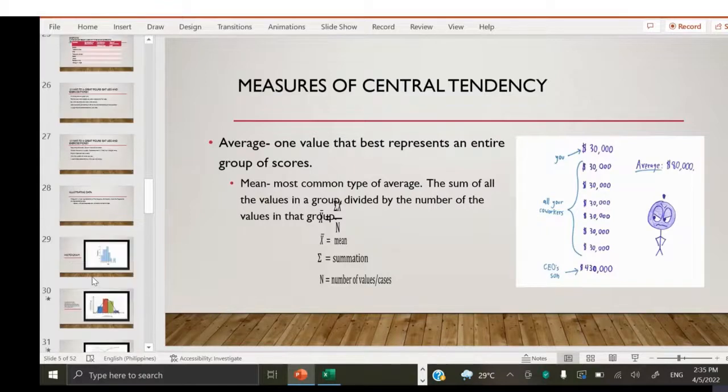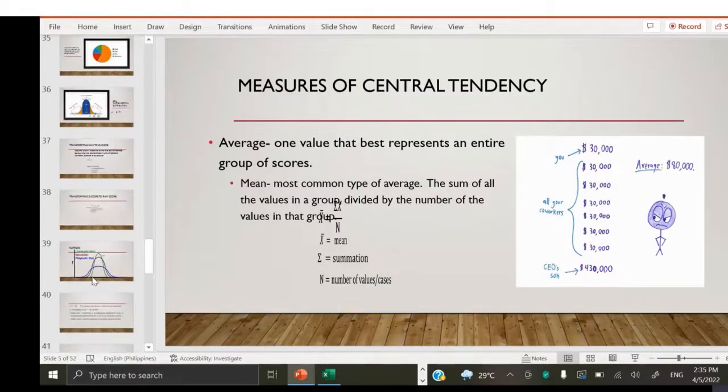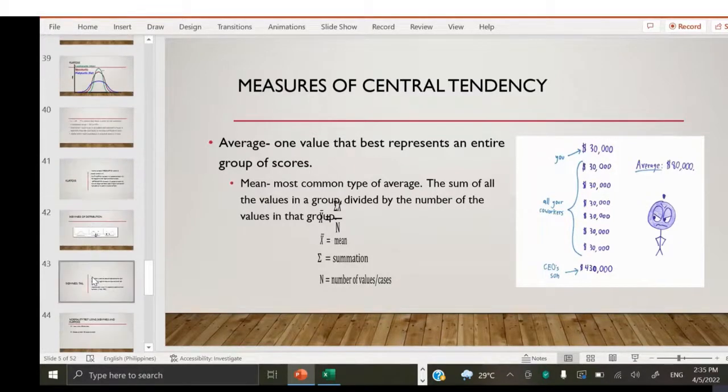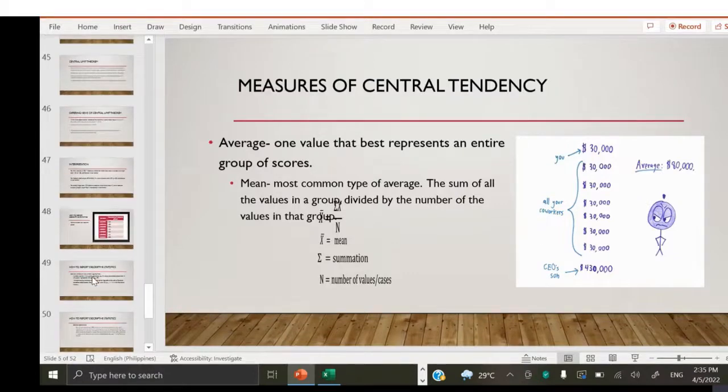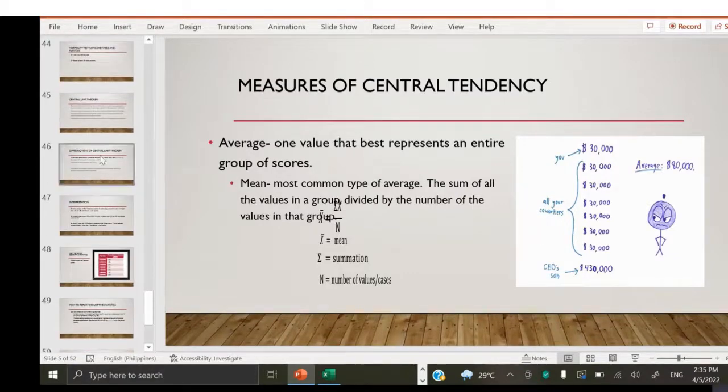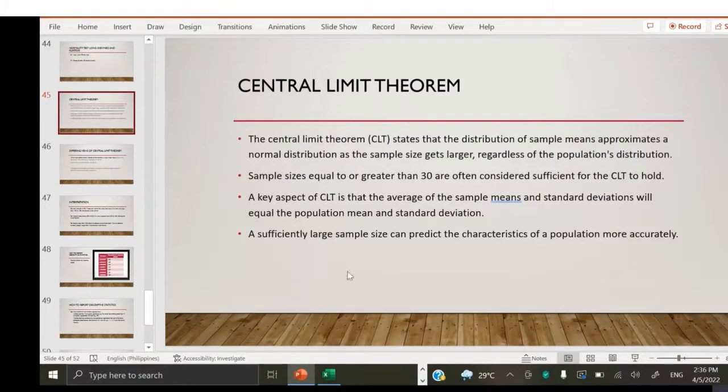According to the central limit theorem, the distribution of sample means approximates a normal distribution as the sample size gets larger, regardless of the population's distribution.